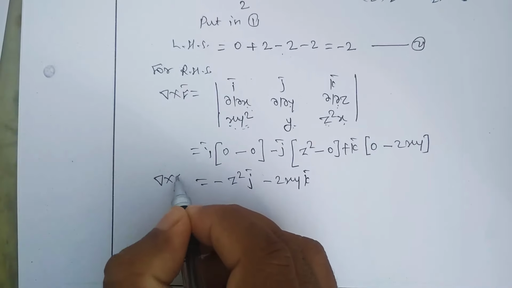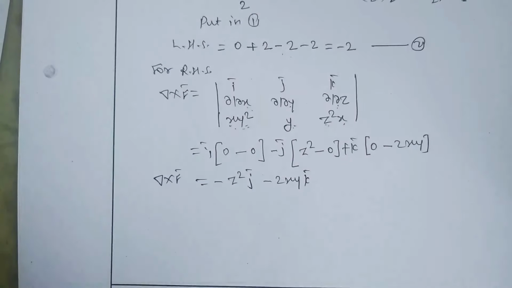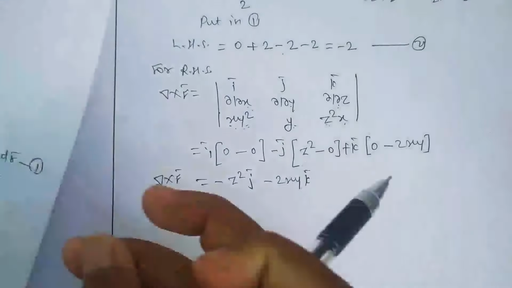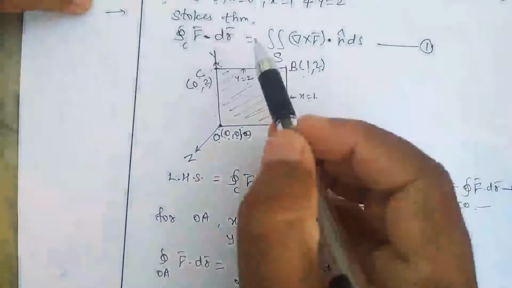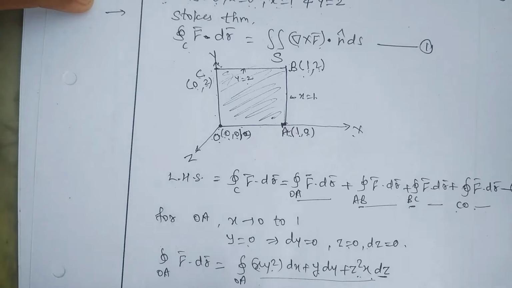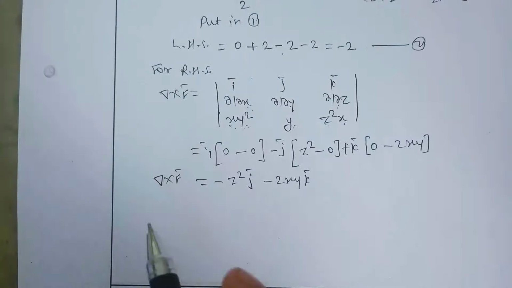This is del cross F bar. Now we require n cap. So what is n cap? As the whole region is in the xy plane, our value of n cap is k bar.